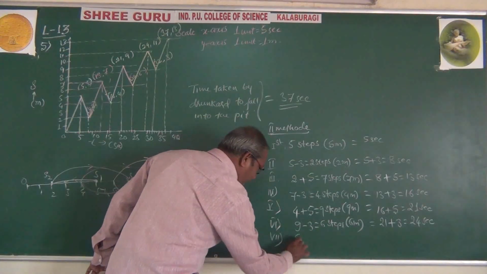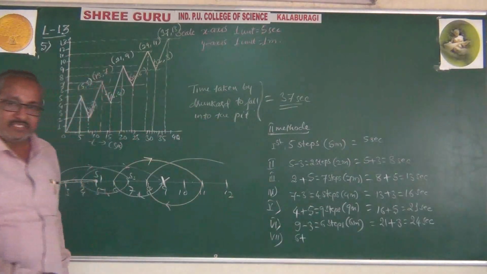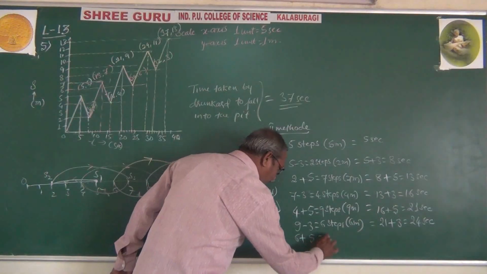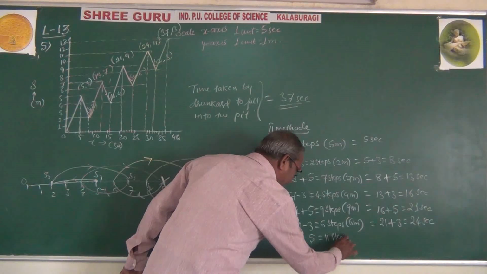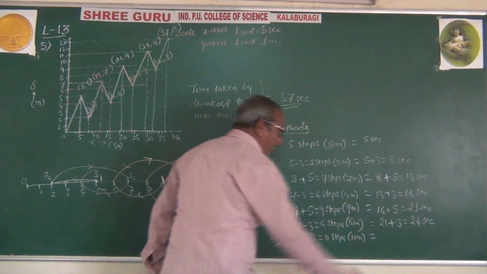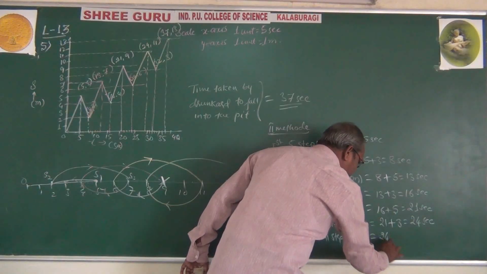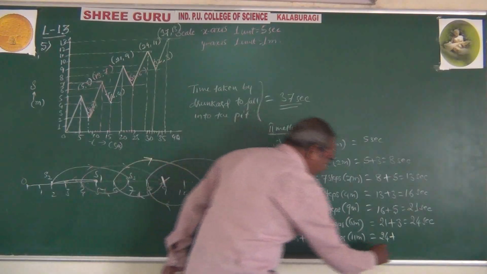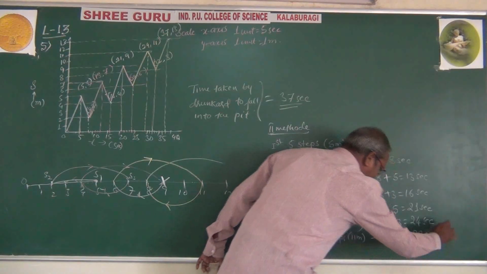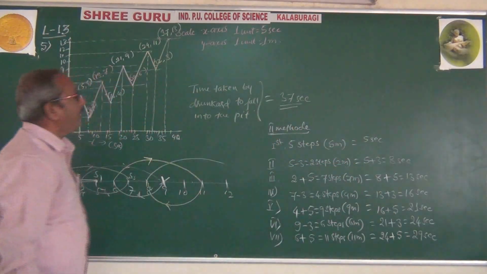Here 6 steps. After 3 steps backward he will go for 5 steps forward. Here 6 plus 5 equal to 11 steps. Means here 11 meters. Already 24 seconds plus 5 seconds equal to how much? 29 seconds.